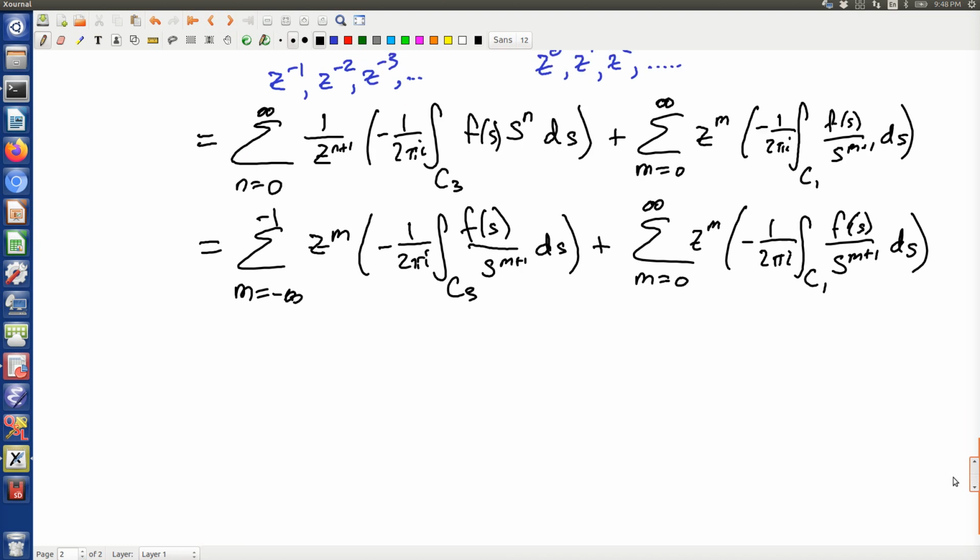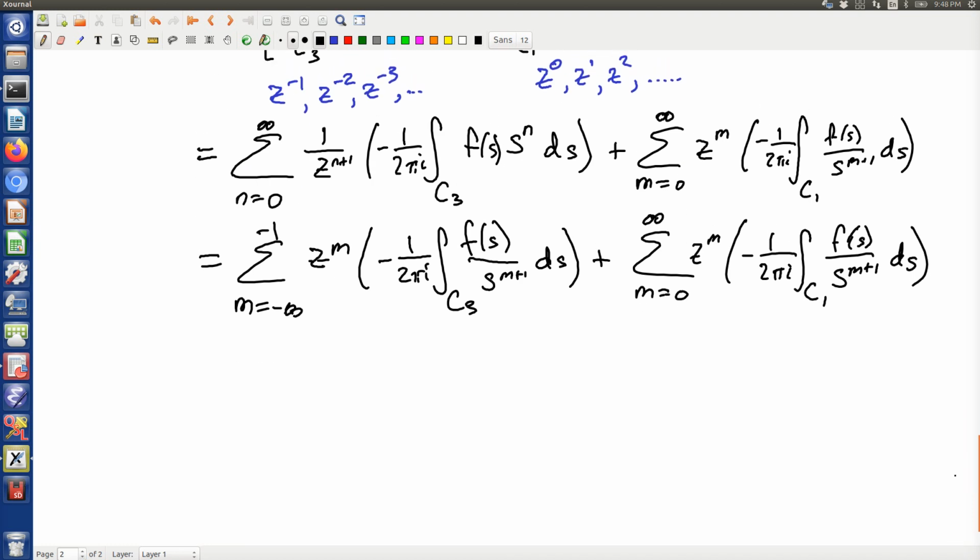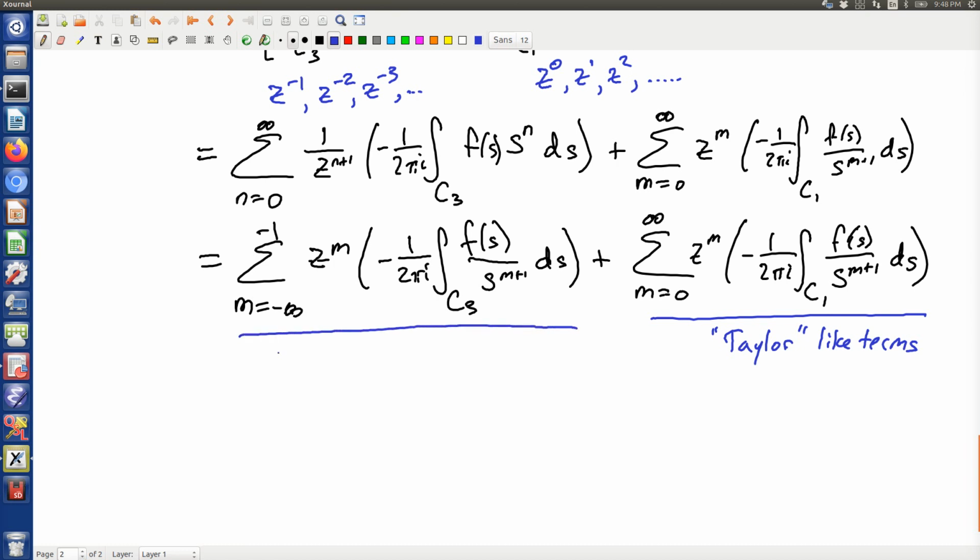What about C1? C1 is the guy on the outside. So this works like, put in quotes, Taylor-like terms. And this one here is kind of like negative exponent Taylor-like terms.